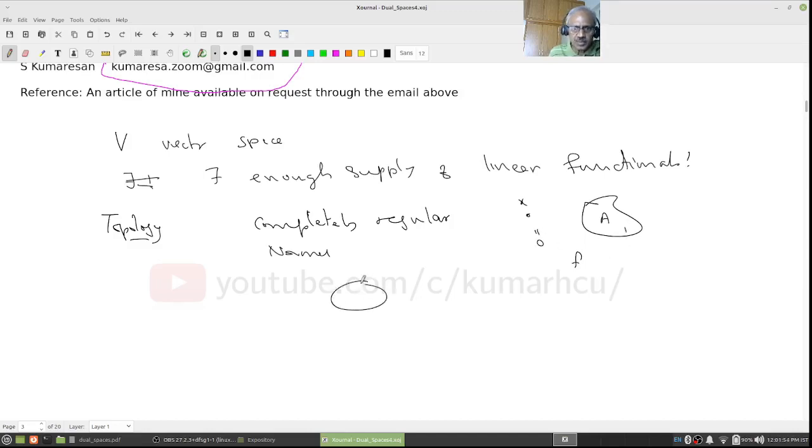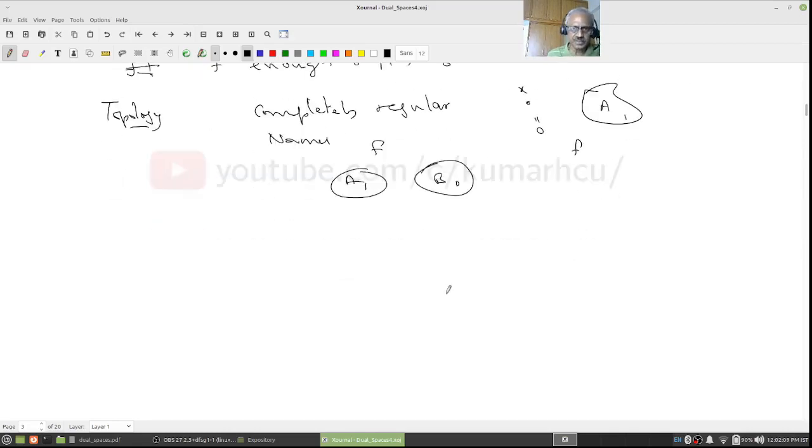And in a normal space you have two disjoint closed sets A and B, and then there is a continuous function f from the space which is 1 here and 0 here. That is, you can separate points from closed sets or two disjoint closed sets. If you are a BSc student, ignore this.